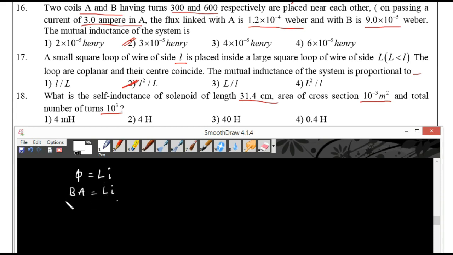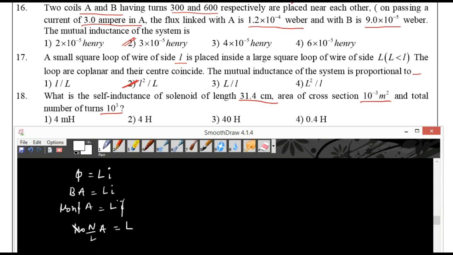Now the magnetic field due to the solenoid is mu naught Ni. Mu naught Ni into A is equal to L into I. Now this I and this I will get cancelled. Here we write mu naught number of turns per unit length into area is equal to L.